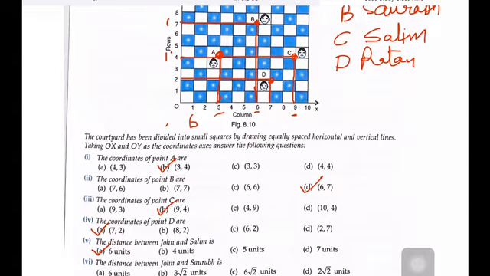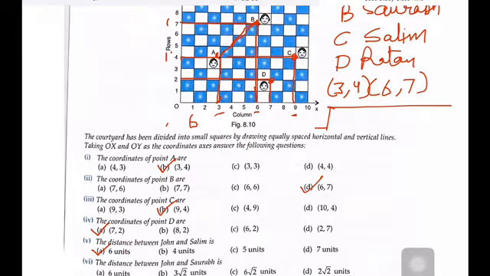Now the next one is the distance between John and Saurabh. That means AB. So this is the distance we have to find. The coordinates of A are 3 and 4 and the coordinates of B, what are they? 6 and 7. Again, how will the distance come?